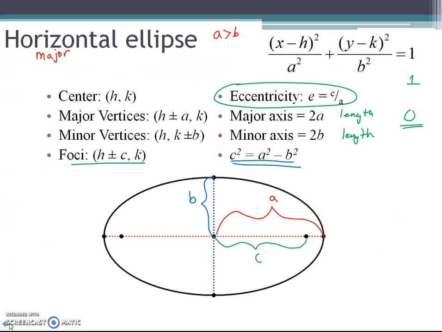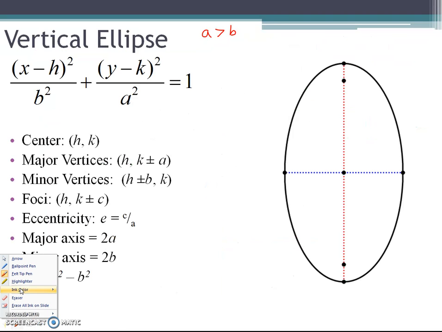So just as a means of review, we talked about this one a lot. Let's just make sure we label them on this one before we forget. This value right here is C from the center to the focus.